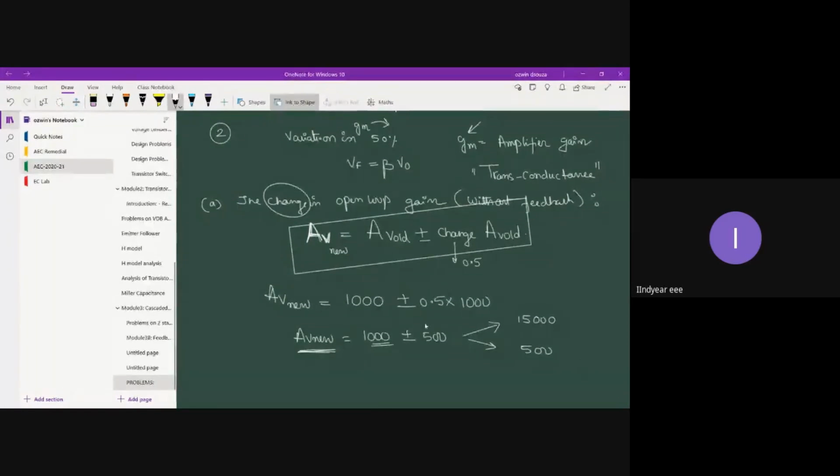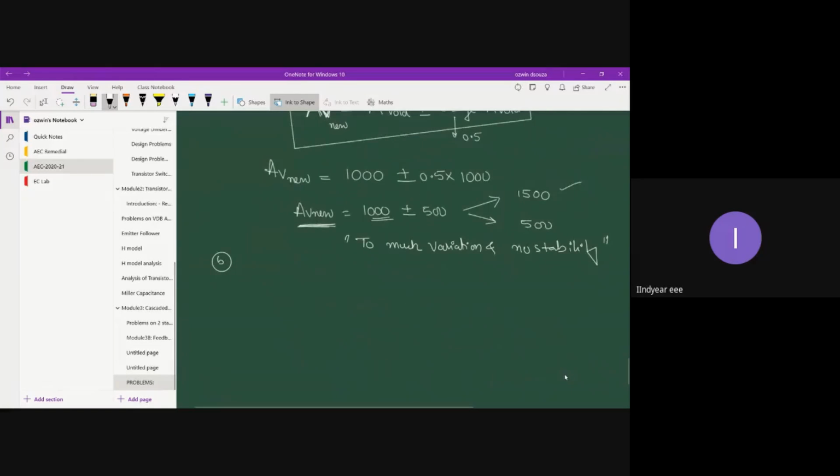Now, due to the variation in GM, the new open loop gain can be either 1500 or just 500. Okay, so you can say that too much variation, hence you can say no stability. Right, there is no stability. Crazily it is varying the voltage gain.